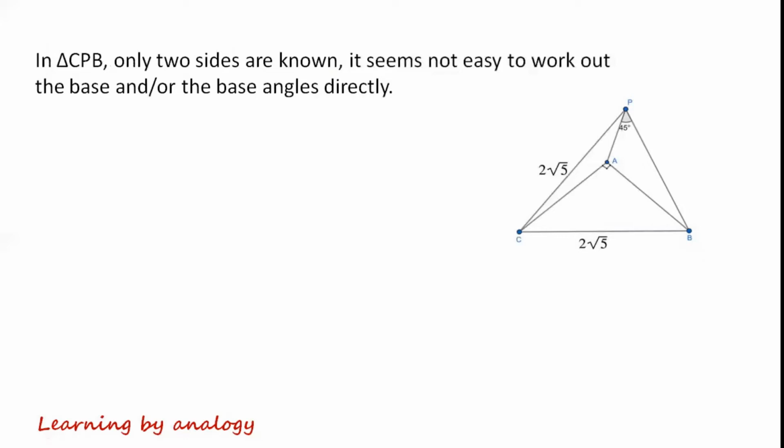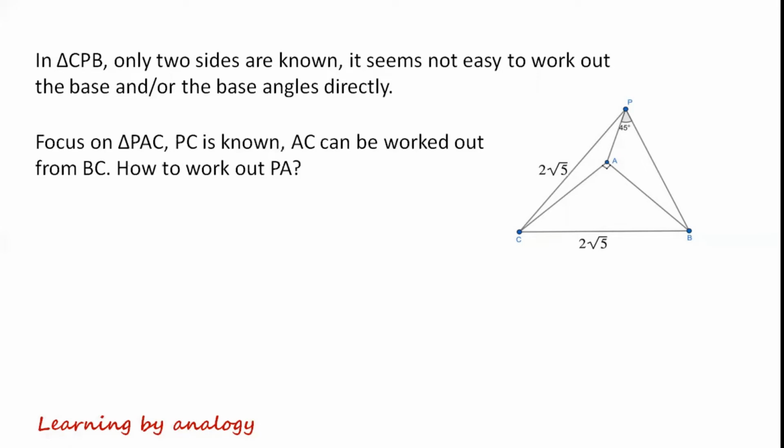In triangle CPB, only two sides are known. It seems not easy to work out the base and/or the base angles directly. Focus on triangle PAC. PC is known. AC can be worked out from BC.